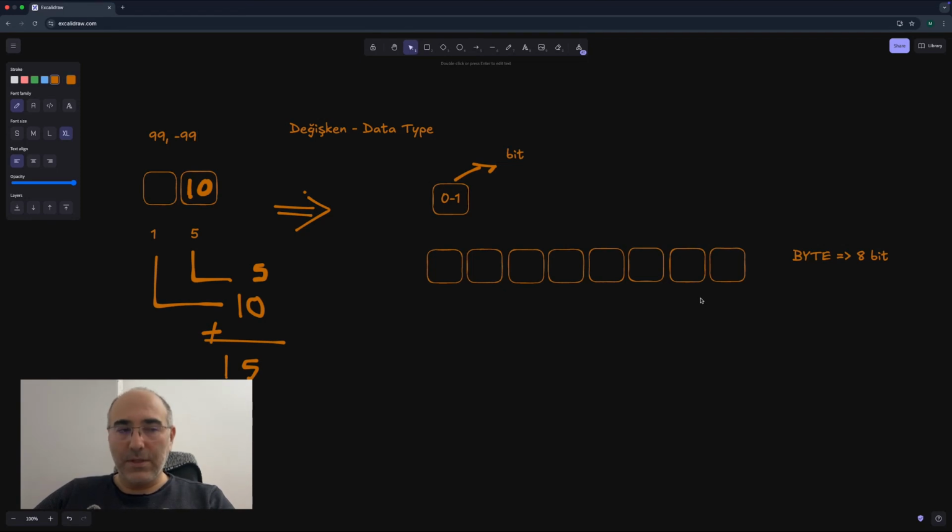Let's take a look at that now. Now, you need to write the values here like this. Look, 2 to the power of 0. Whoa, where did that come from, teacher? 2 to the power of 0?